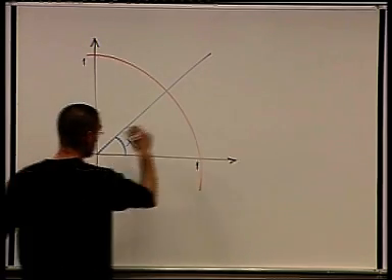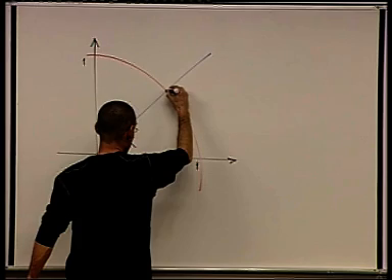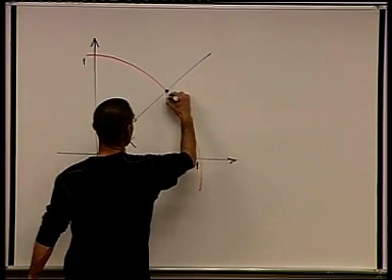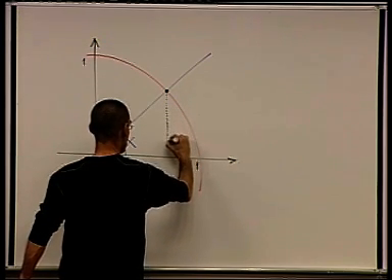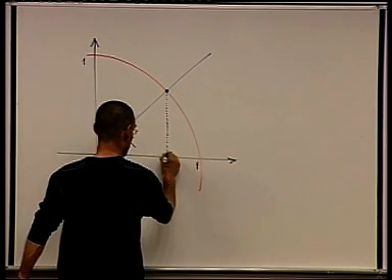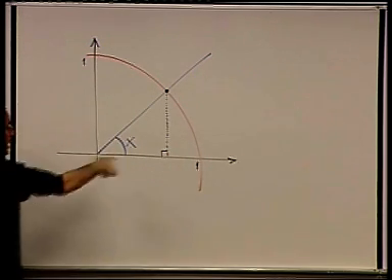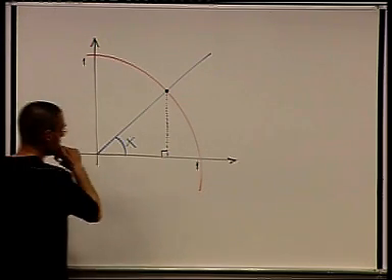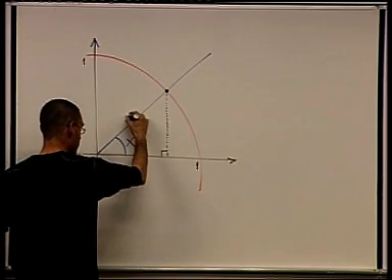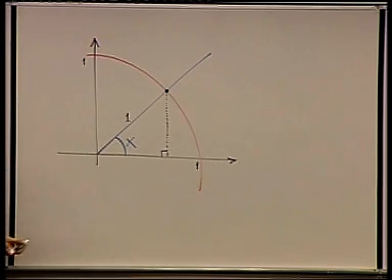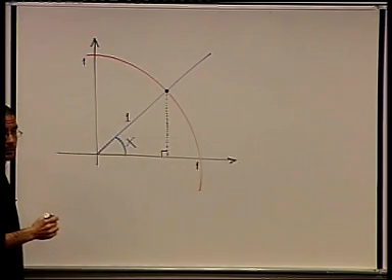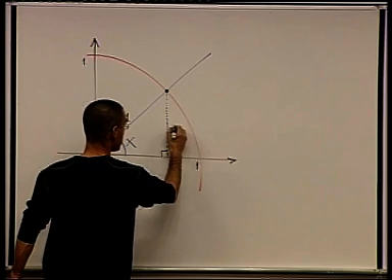Do you agree that if I look at the point here, and if I project down to the x-axis, the n-axis, I get a right triangle, and the hypotenuse is 1, because it's the radius of this unit circle, right? What is the length of this thing? This is precisely sine of x.